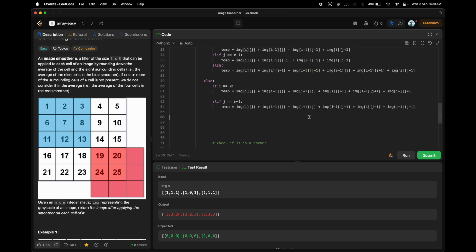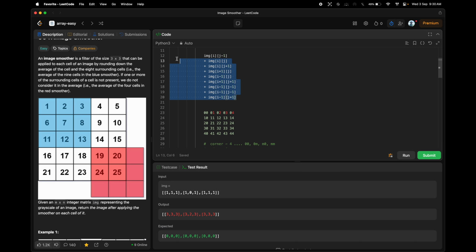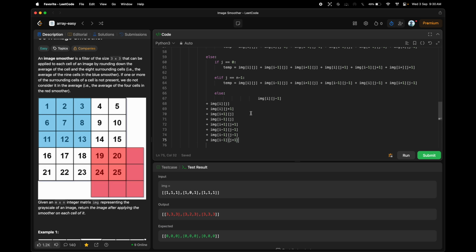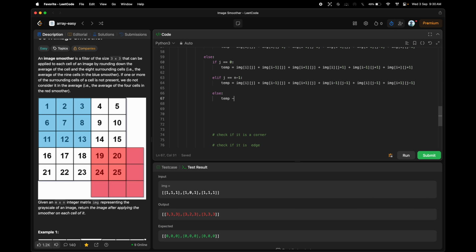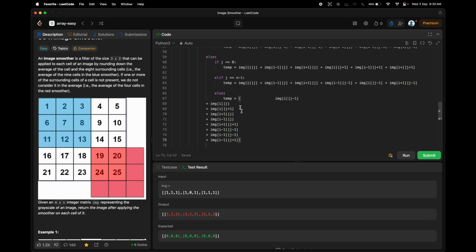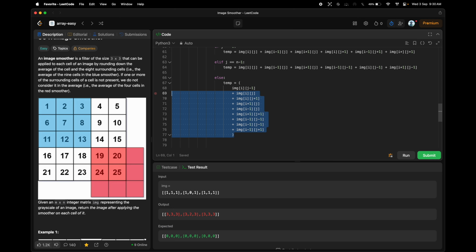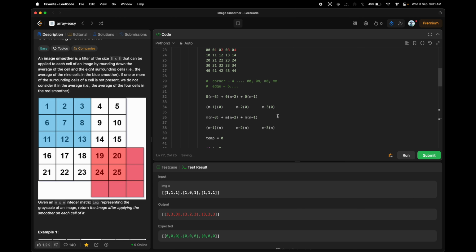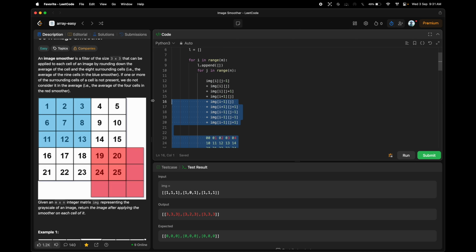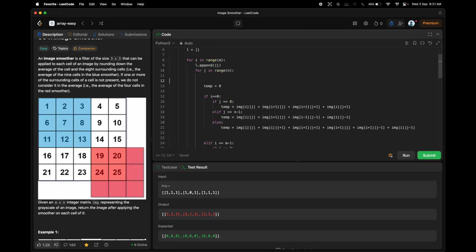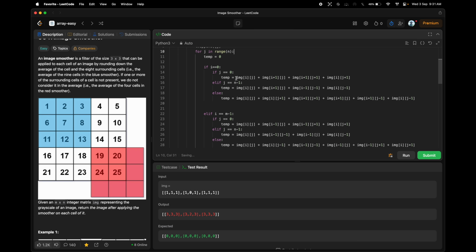I hope this is correct. Almost done. Now for all other cases, temp equal to this. That's the basic logic. Okay, only one small thing left.